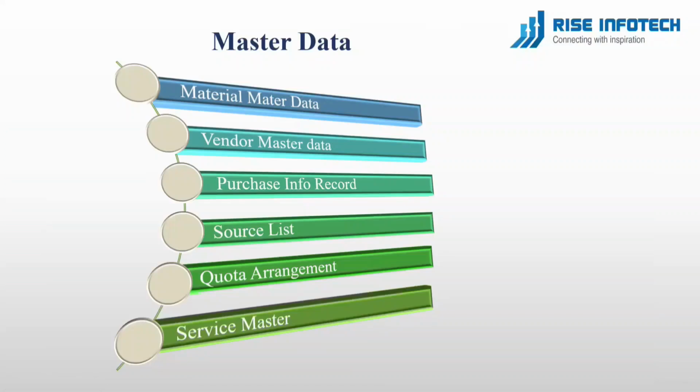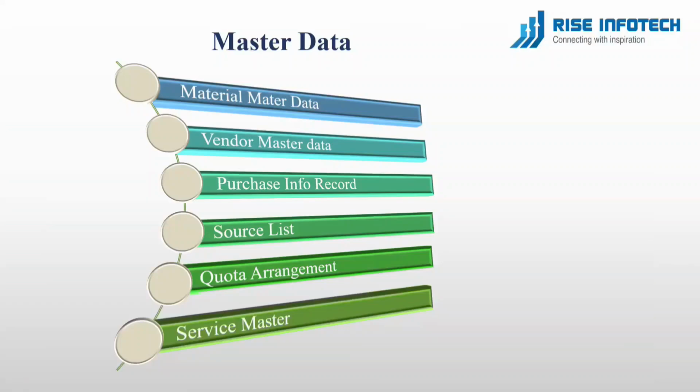Material master data is the complete specification about the material, like material weight, material quantity, unit of measurement, how to transport the material. All the specification we can see in the material master data. Then vendor master data.